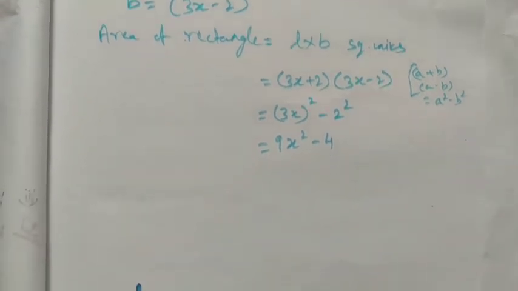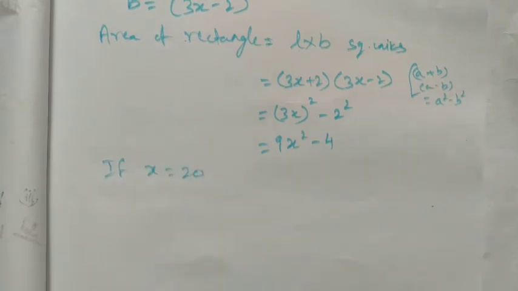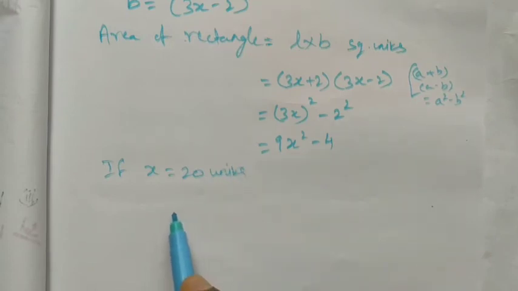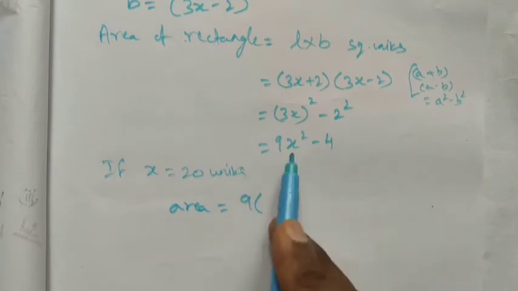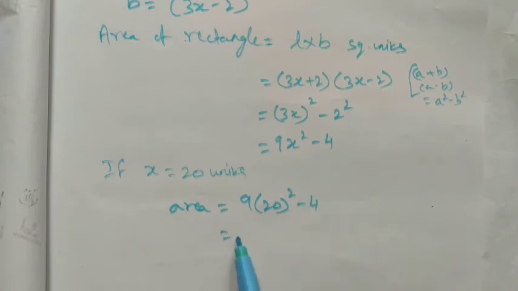Now if x is equal to 20 units, then the area will be 9 into, in the place of x I am going to apply the value 20, whole square, minus 4. 9 into 20 square, you know that, 400, minus 4. 9 4s are 36, and then 20 minus 4.